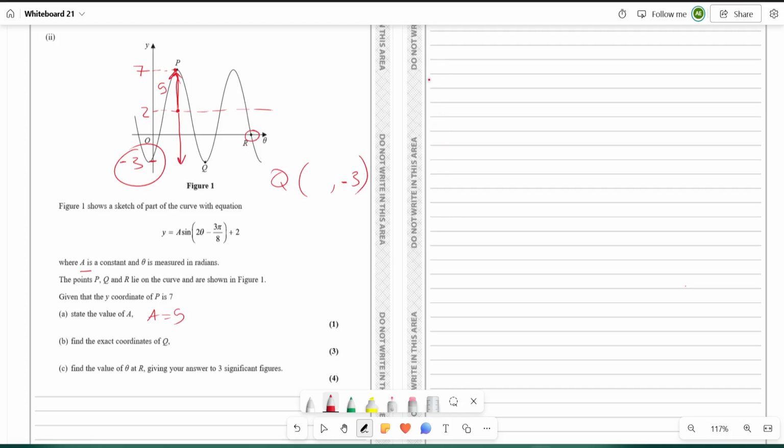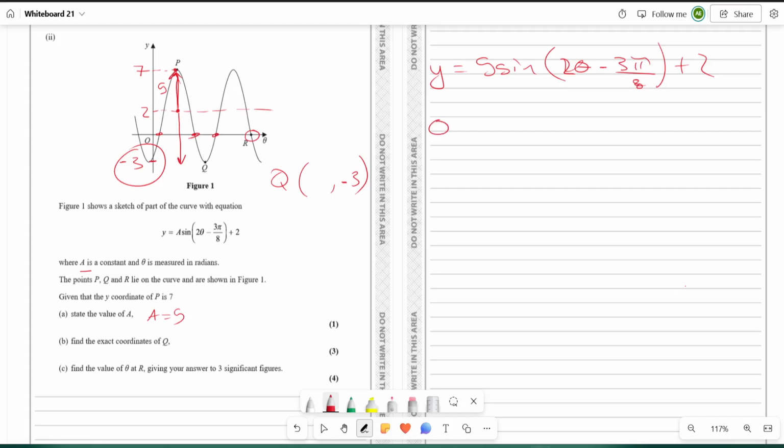Again, our y is equal to 5 sine (2 theta minus 3 pi over 8) plus 2. We want to find the answer where y is 0. However, we have a couple of answers: 1, 2, 3, and our answer is the fourth positive answer. So we need to take that into consideration.